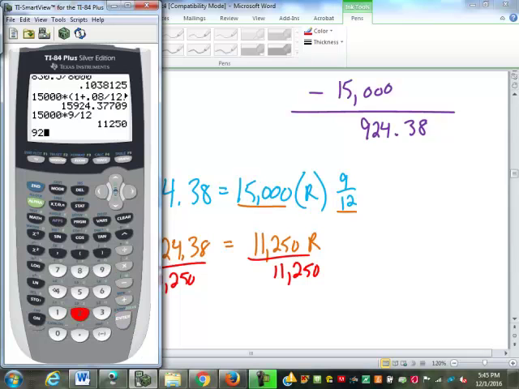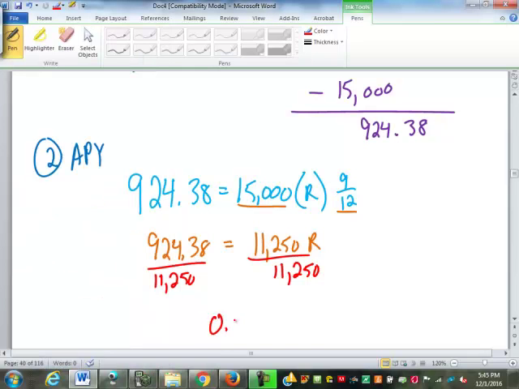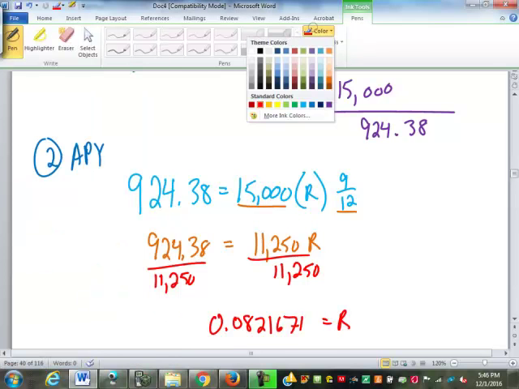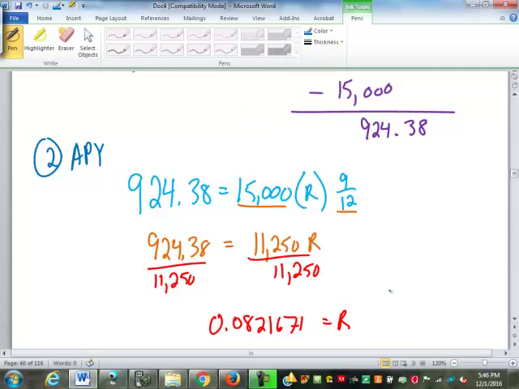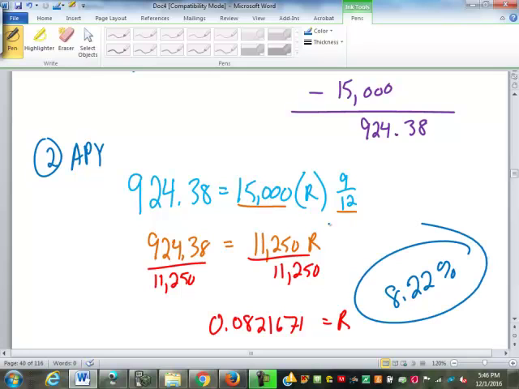So 924.38 divided by, I'm just going to use the previous answer, 0.0821671. So moving my decimal point makes that 8.22%. Is our effective rate. Anybody get 8.22?